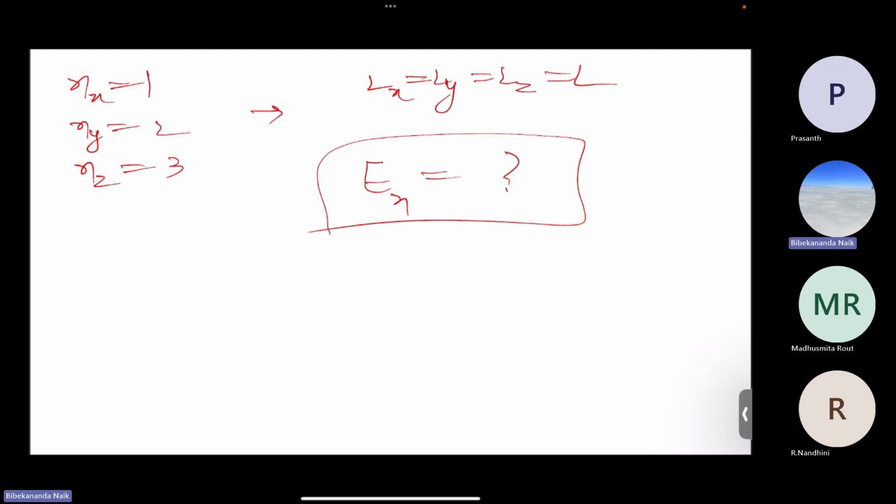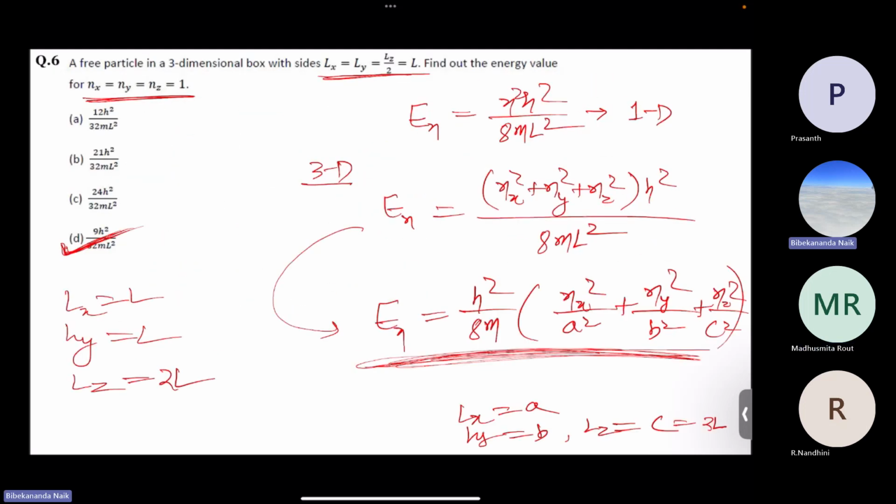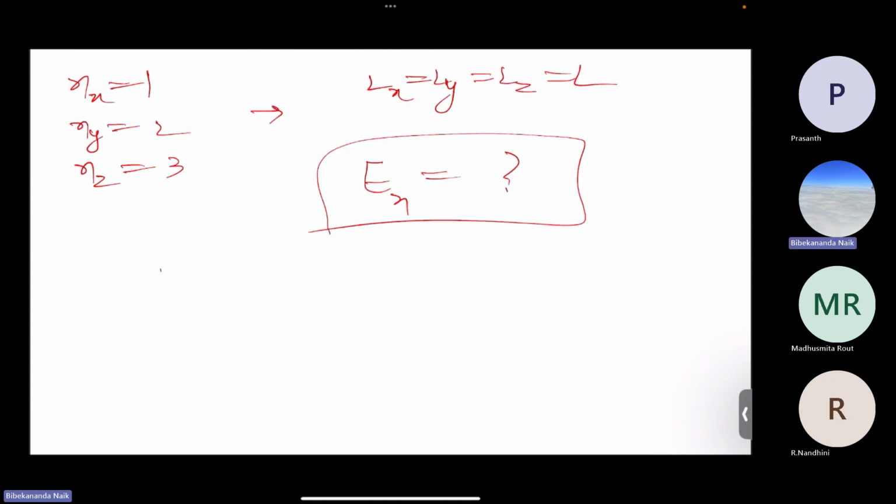So if you see, we can use the second formula here. Here, the L is the same for the x direction, y direction, and z direction. So you will use this formula: nx square plus ny square plus nz square. So the energy will be h square divided by 8 mL square, times nx square which is 1 square, ny square which is 2 square, and nz square which is 3 square.